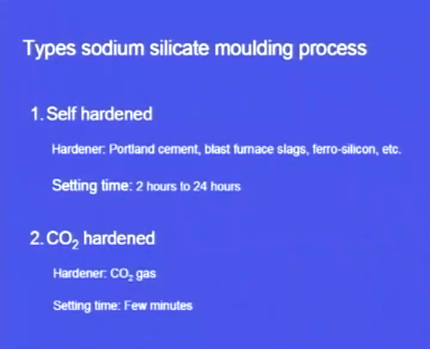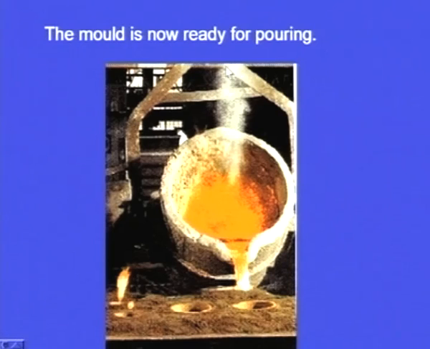If we want additional strength, we have to leave it for more than 24 hours, then the sand will be hardened. So, that is the self hardened sodium silicate moulding process. Now, after we withdraw the pattern, the mould is ready for pouring. Most of the time, using the sodium silicate moulding process, we make the cores.